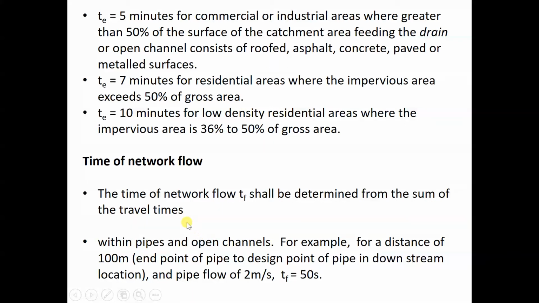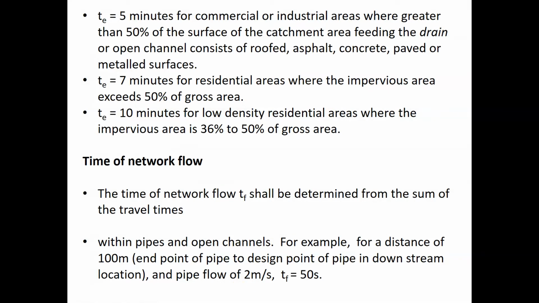And for example, let's say that you have a line of pipes. The length of the stormwater pipe is, let's say, 100 meters. Then you assume the rate of flow is 2 meters per second. You could actually have to do some site testing to see how fast the water will flow.